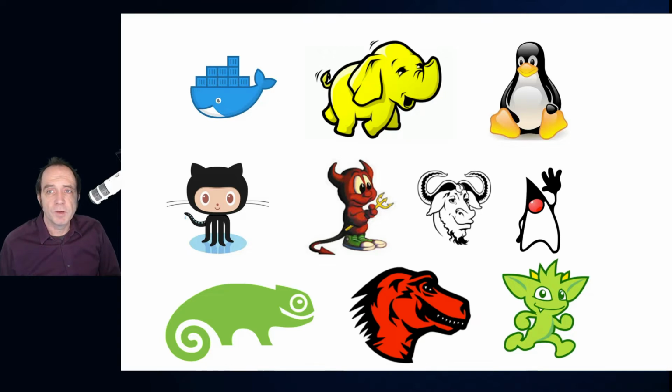In the open source community, for some reason they seem to want to use animals and creatures to represent the various technologies. You may recognize quite a few of them there. And Gremlin, the guy on the bottom right, is the character that they've chosen for the Gremlin API. It's actually an open source API that's specifically focused on working with graph databases and the graph database model.